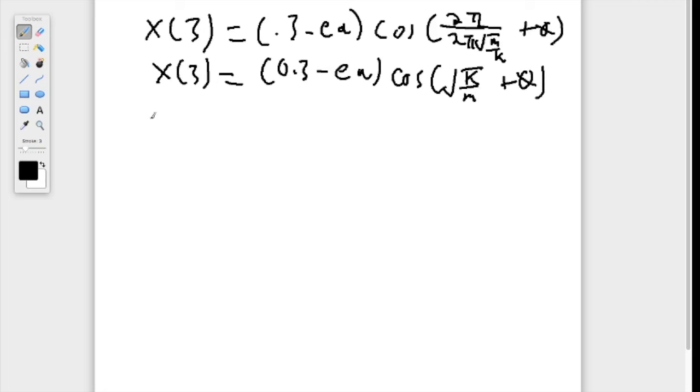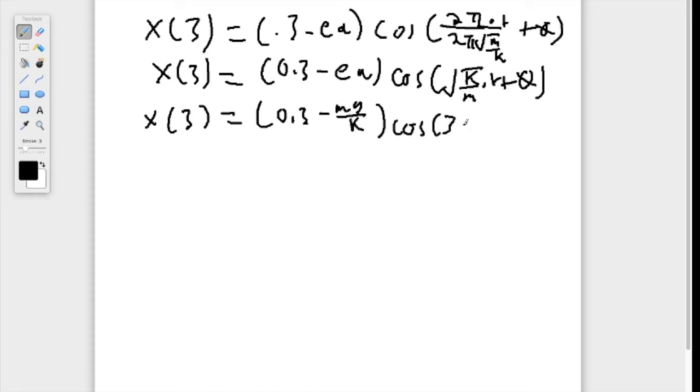So this is the same thing as x of 3 equals 0.3 minus mg over k, and then multiply by 3, my bad. And then times the cosine of 3 radical k over m plus pi. So I'm going to plug more stuff in.